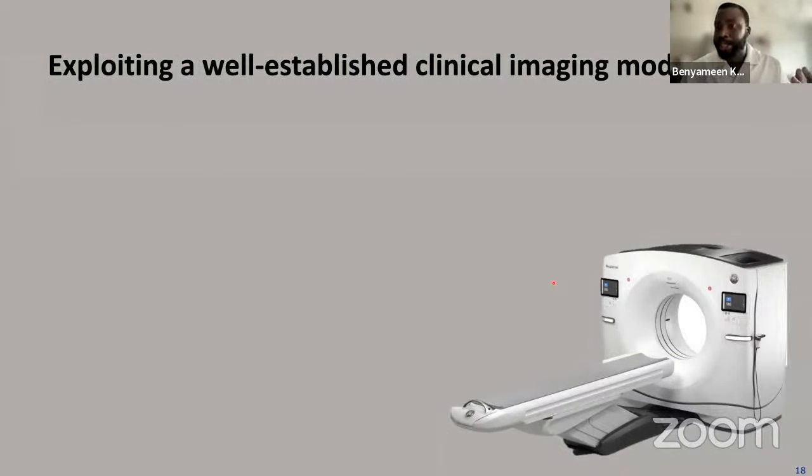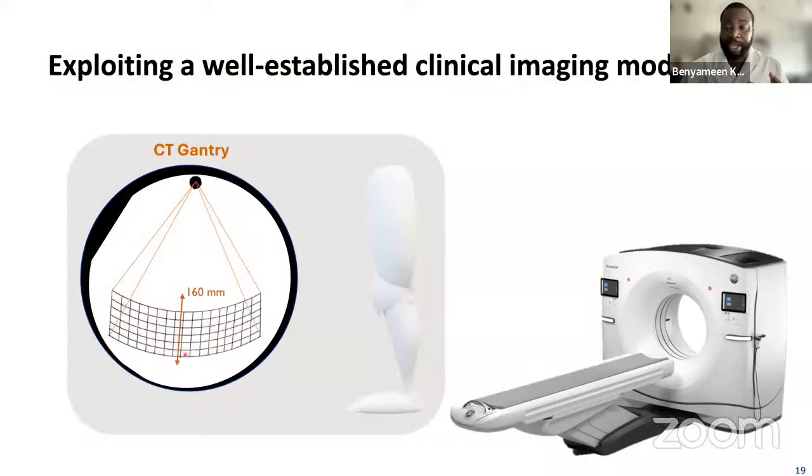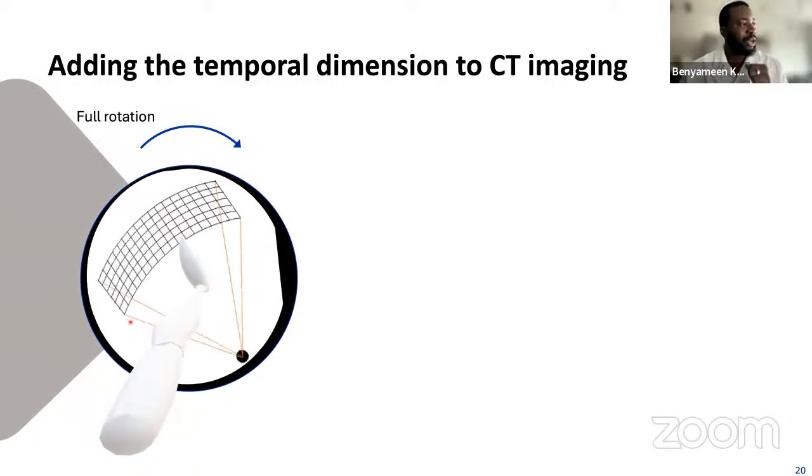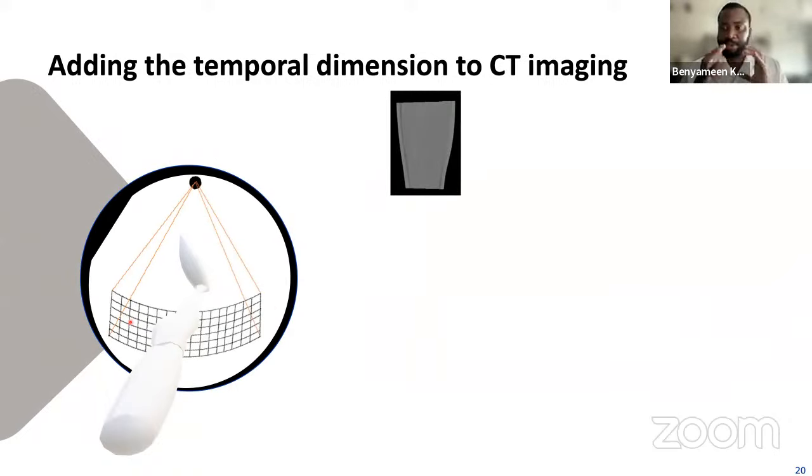And what we do there is we exploit a well-established clinical imaging modality, which is the CT scanner, and leverage the advances that I just described. The fact that now you have a wide detector, meaning you can, for instance, have the knee of a patient in the scanner, and then you rotate and obtain an image. So that basically gives you one CT scan.